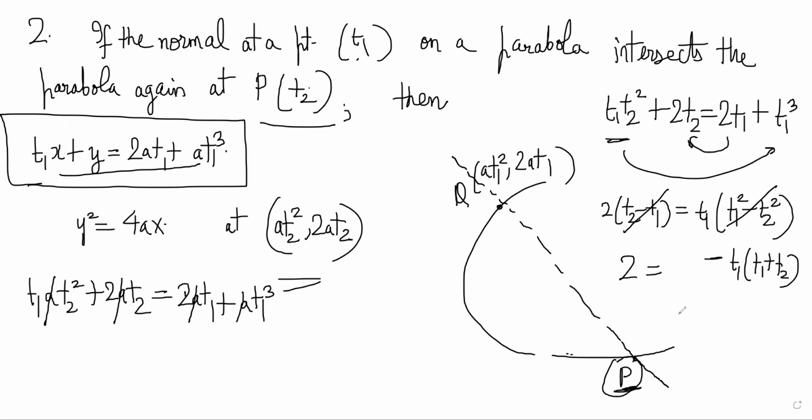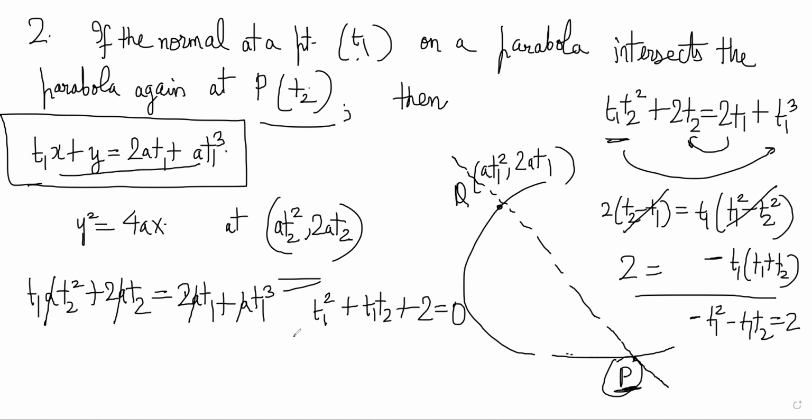So you get this, which is basically minus t1 square minus t1 t2 is equal to 2. So t1 square plus t1 t2 is equal to minus 2, right? Plus 2 is equal to 0, right? Correct. And now you can say t1 should be equal to solving this quadratic, or actually, we don't need to solve the quadratic also. Just take t1 t2 on the other side.